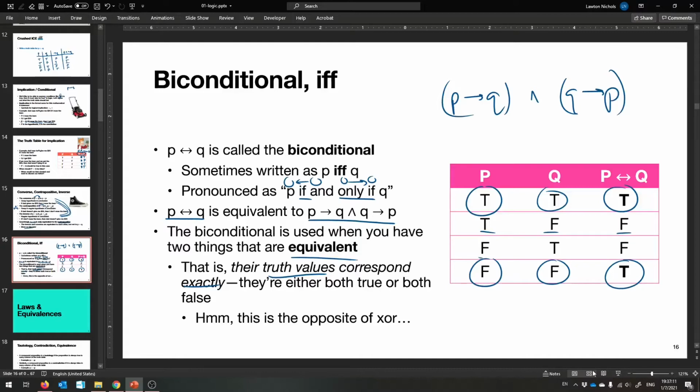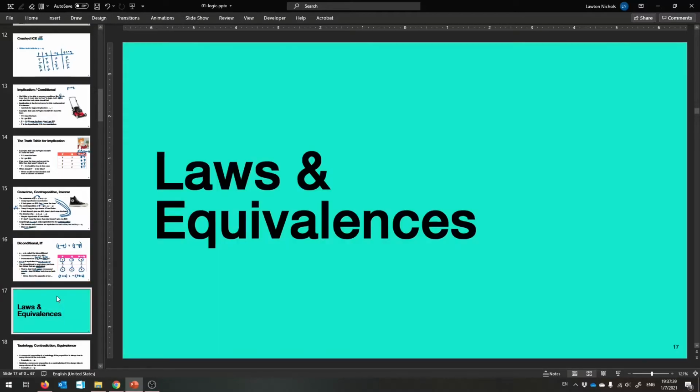If they're ever different, then we have false. It's not true that they're both the same, because that's what the biconditional is representing. And this is actually the opposite of exclusive or, so technically, P if and only if Q is equivalent also to not, check this, P XOR Q. And all of these will become apparent soon, because we're about to have little baby proofs.